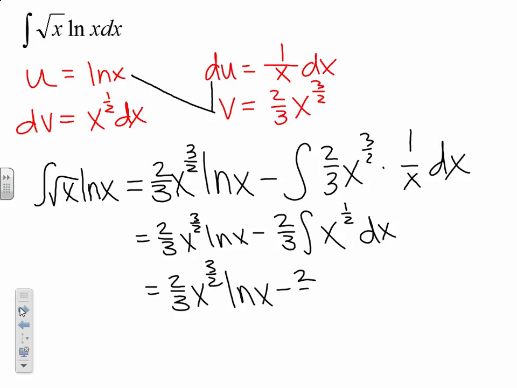Minus 2/3 times this becomes x to the 3/2, so I'm going to rewrite that as 4/9. So we have 2/3 x to the 3/2 natural log of x minus 4/9 x to the 3/2 plus C.